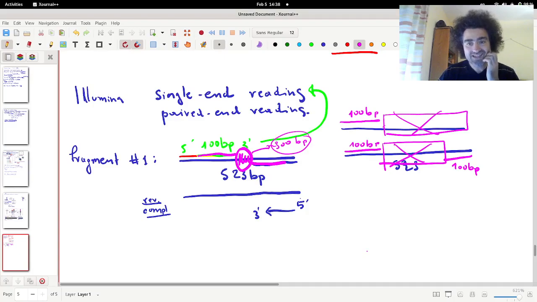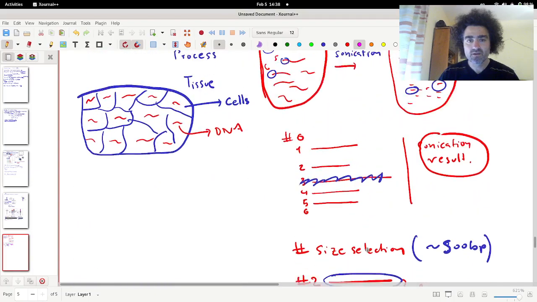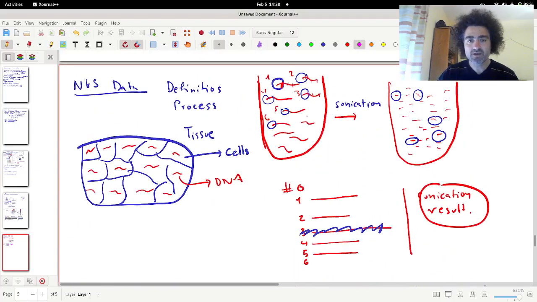Okay, but then how will you get information for the whole genome? In order to understand this, you must go back here and remember that what you had in the beginning, in this mixture, was several DNA molecules from different cells, and each one didn't break exactly at the same location.